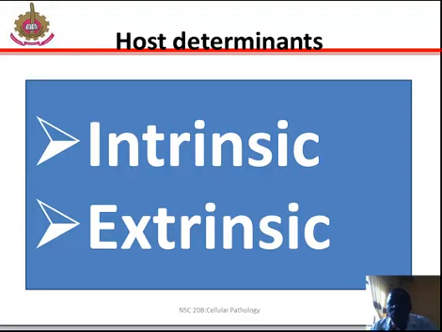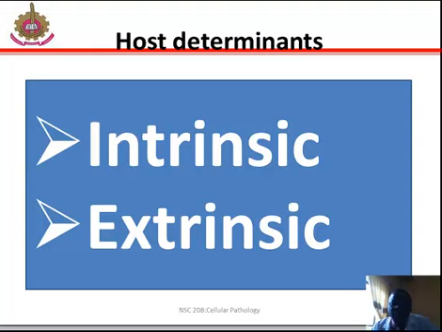This determinant factor could be intrinsic or extrinsic. Intrinsic factors are those factors that are inherent in that particular host. Extrinsic factors are not inherent but are a product of the external interaction between the host and the agent. When there is interaction between the host and the agent, it determines how susceptible that host is to that infectious agent.